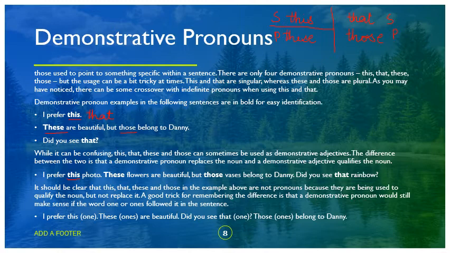I prefer this one. These ones are beautiful. Did you see that one? Those ones belong to Danny. So this is a kind of a test that they have given you. You can make the sentences go through this test if you are not quite sure if it is a pronoun or an adjective.